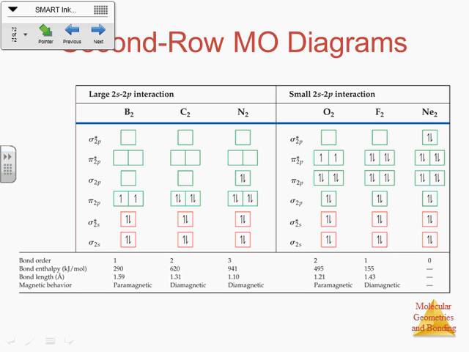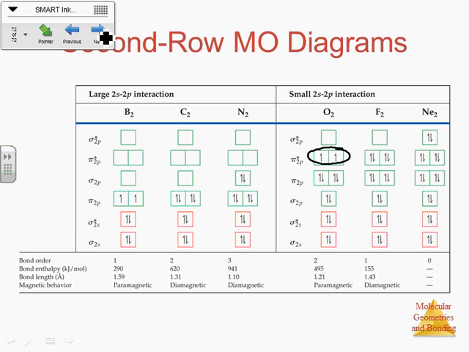But if you look at how these things fill, if you look at something like oxygen, for example, this would suggest that O2 is paramagnetic. Does that make sense? The reason I say that is because of these unpaired electrons right here. That would probably make O2 paramagnetic.